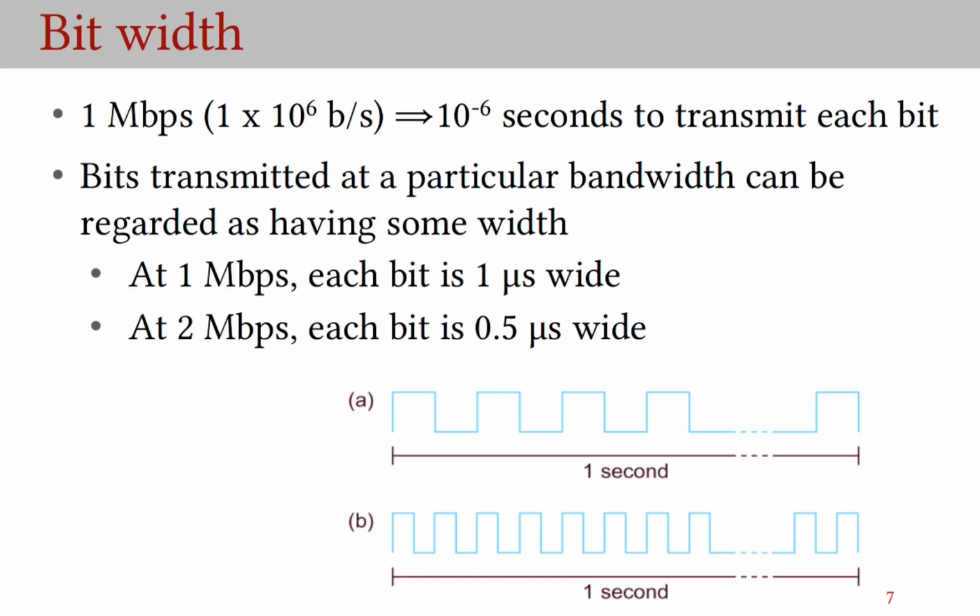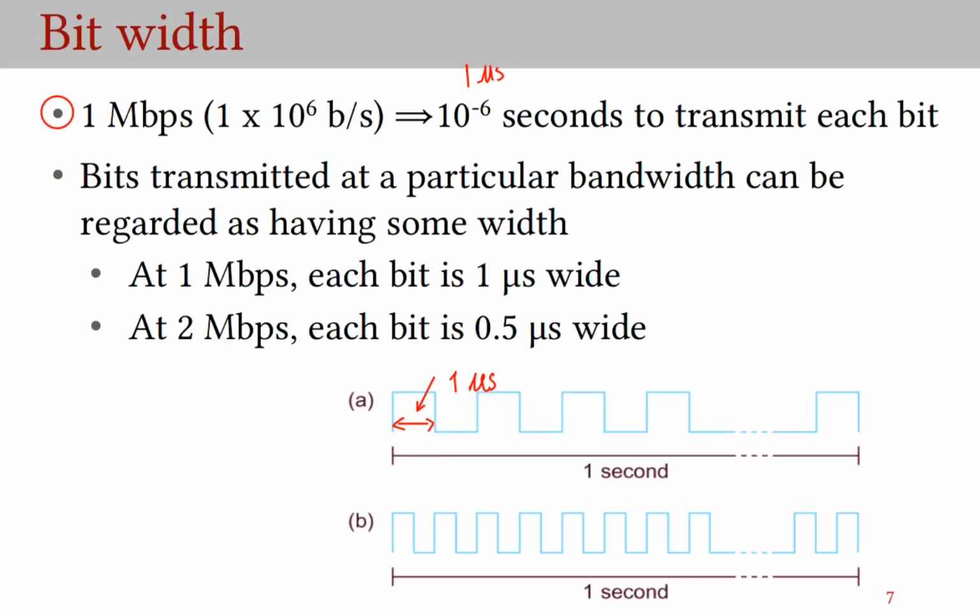Bit width is another way to represent bandwidth. A 1 Mbps link would transmit 10 to the power 6 or a million bits in a second, and therefore it takes 10 to the power minus 6 seconds or 1 microsecond to transmit each bit. On a 1 second interval, this bit takes 1 microsecond space, and this is called bit width.